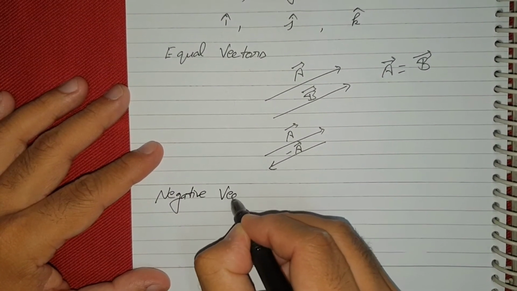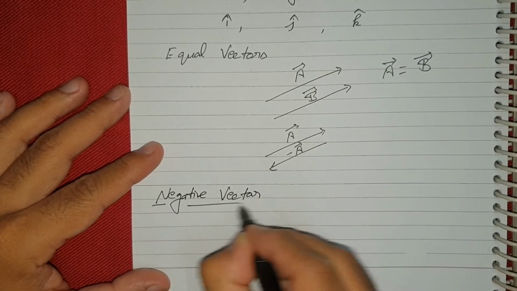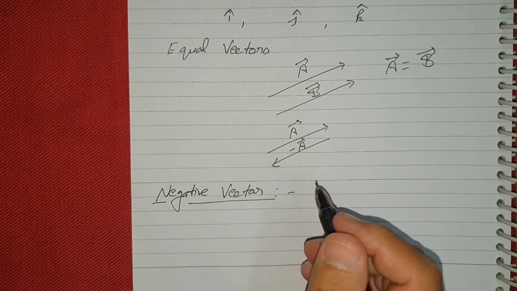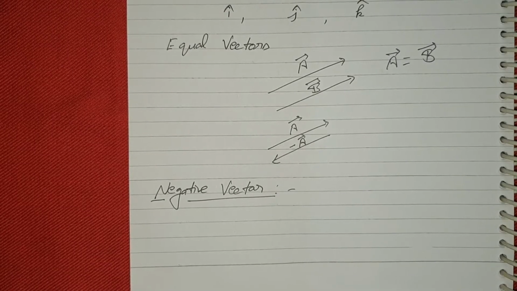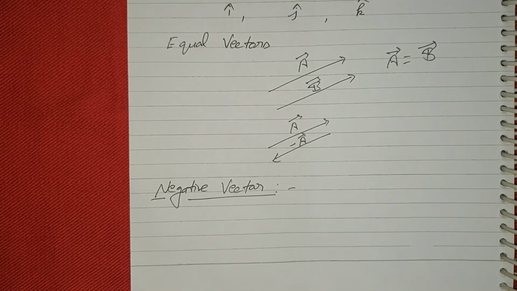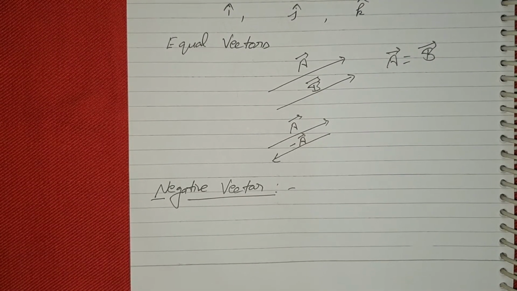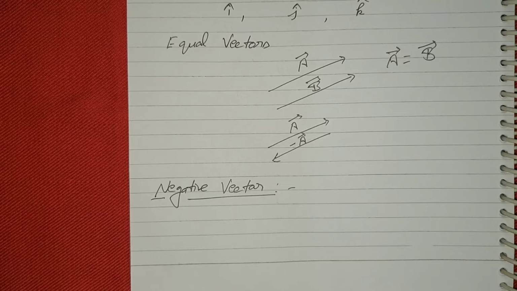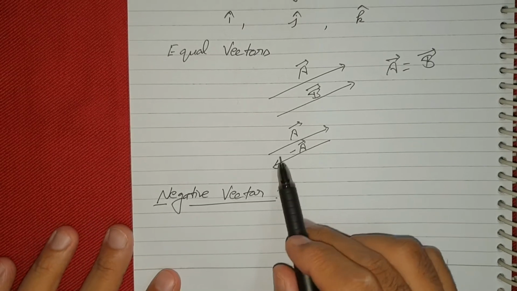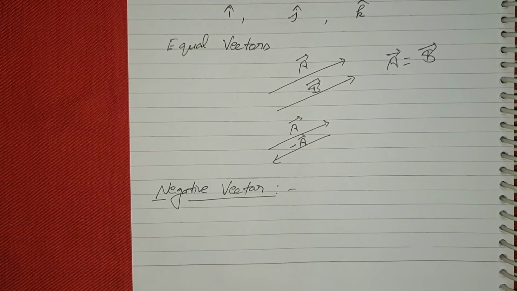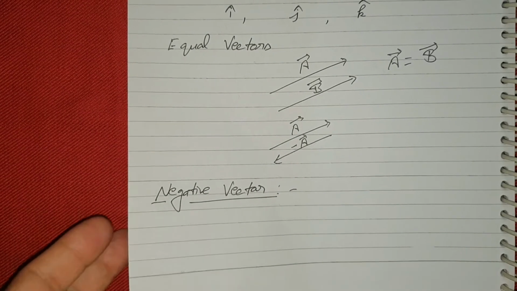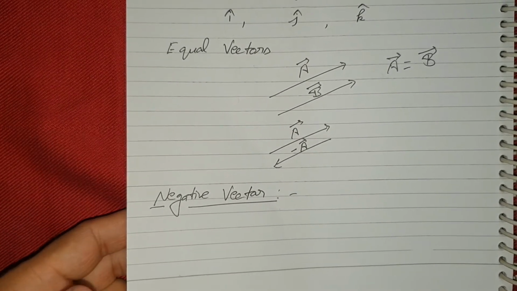A negative of a given vector is the vector of the same magnitude, but acting in a direction opposite to that of the given vector, as I have explained. So, this is minus A, the negative vector. Though they have equal magnitude, the sign will be different.